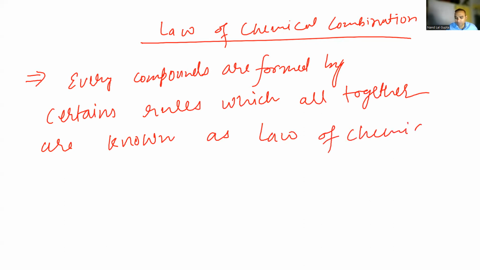Any compound you are forming follows certain rules. Any compound is formed with the help of rules only. Without rules, none of the compounds is going to be formed. When you combine all these rules, they are called the law of chemical combination.